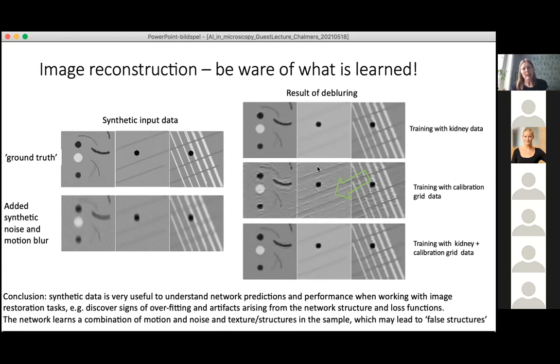And that's why the network that was only trained on the calibration grid tried to introduce a calibration grid type of pattern in the output image. So it learned more than we wanted it to learn. And that is, I think, super important to understand when you work in biology, so that you don't think that there is a structure there that is actually not at all present.